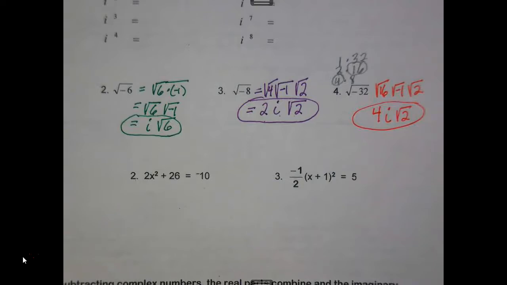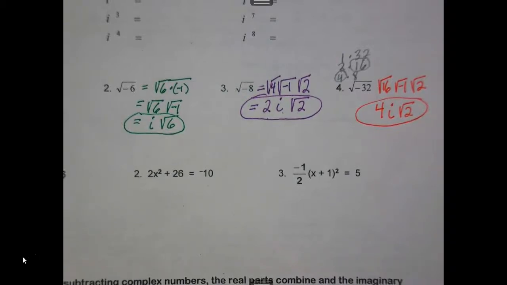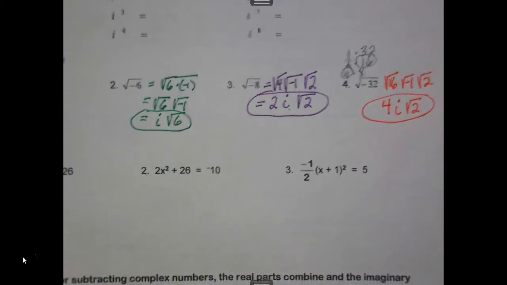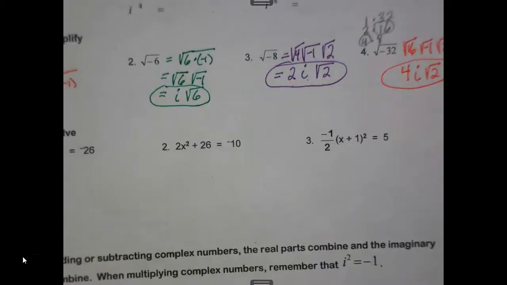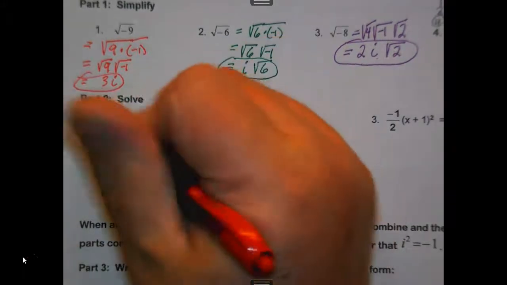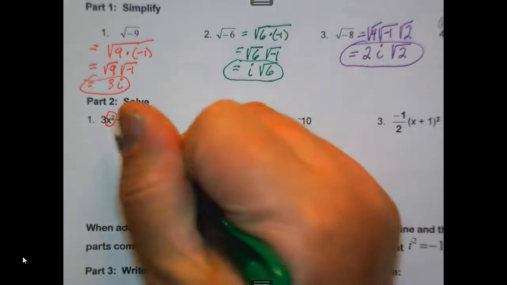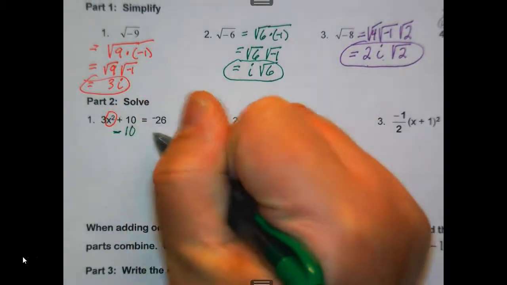Now part 2 is going to be dealing with solving equations with negative radicals. It doesn't really get difficult until we multiply and divide, which is the funnest. Funnerest. Okay, part 2, we're solving. The first thing I have to do is get the x squared by itself. So the first thing I'm going to do, that's right, subtract 10.